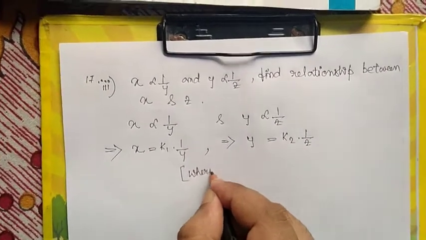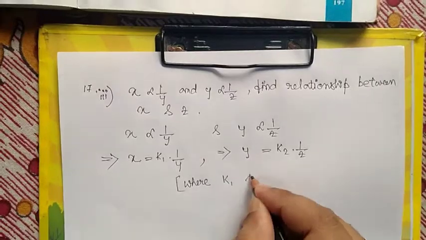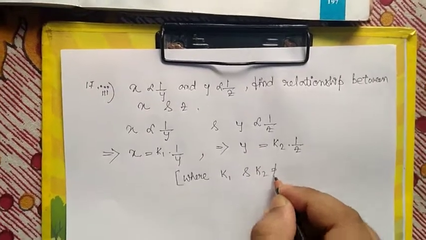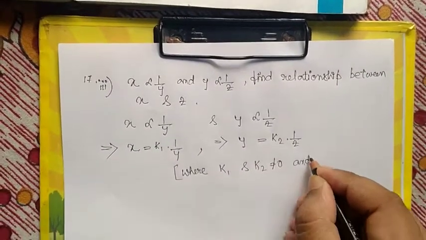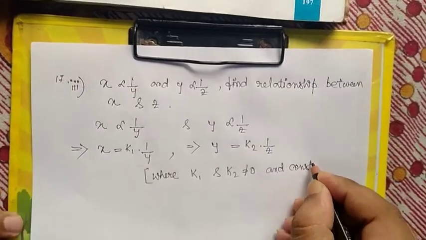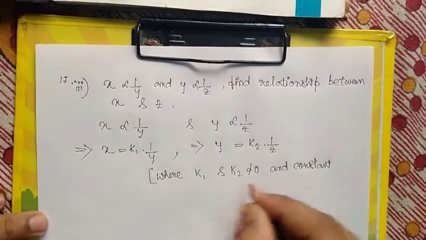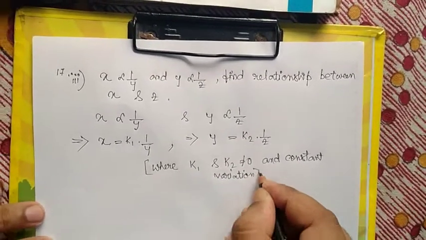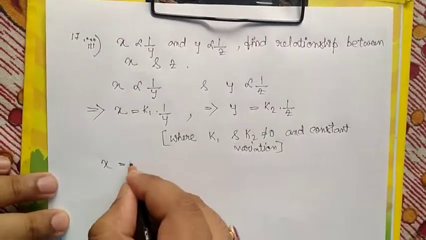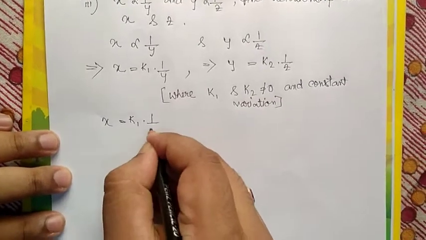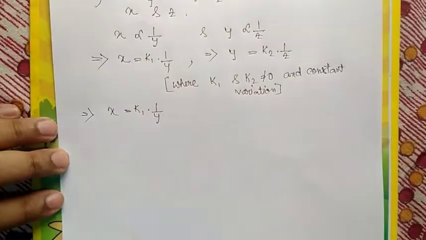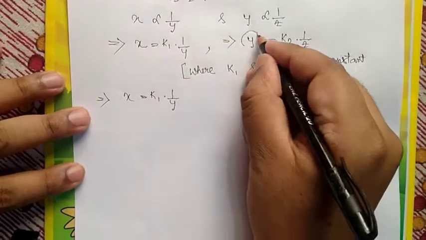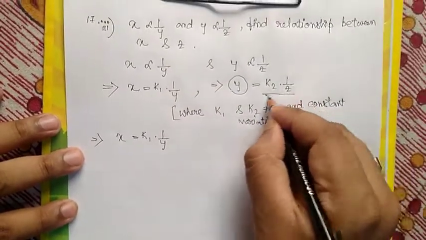where k1 and k2 are not equal to 0 and are constants of variation. So we know x equals k1 into 1 by y. Now here the value of y is equal to k2 into 1 by z.